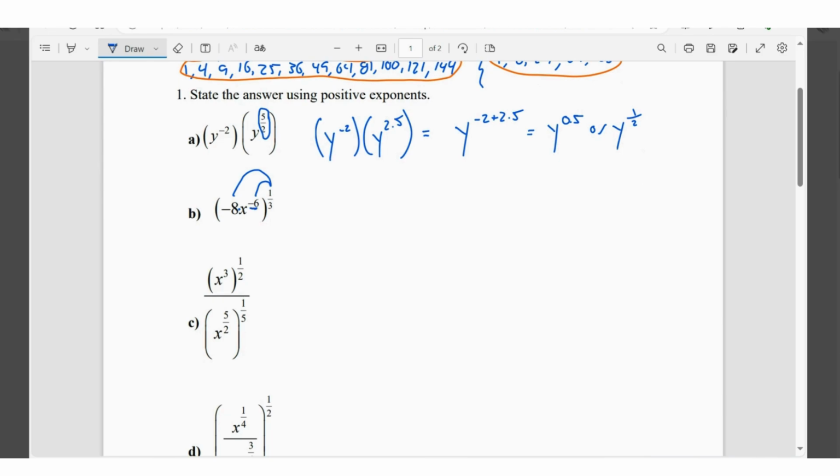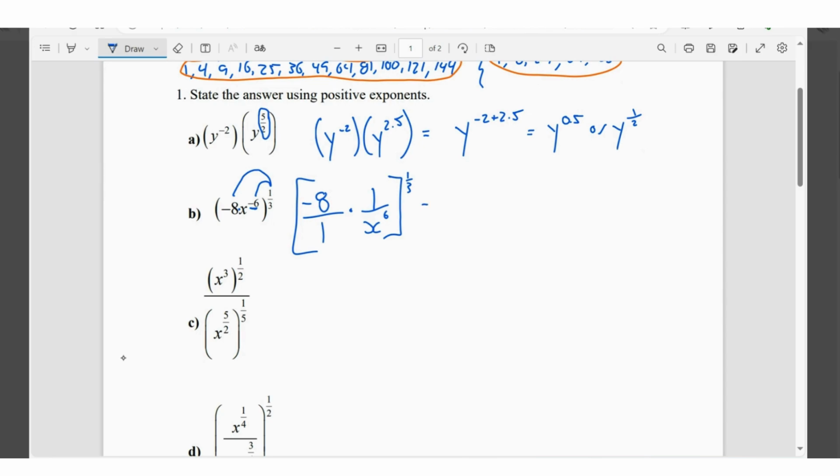So that means we can make it go upstairs, downstairs, as I call it. -8 over, this goes to the bottom, becomes x to the positive 6, or essentially what we're saying, this is 8 to the 1 times 1 over x to the positive 6, remember? And then when I combine them, they become -8 over x to the 6, and this whole thing is still to the power of 1 over 3.